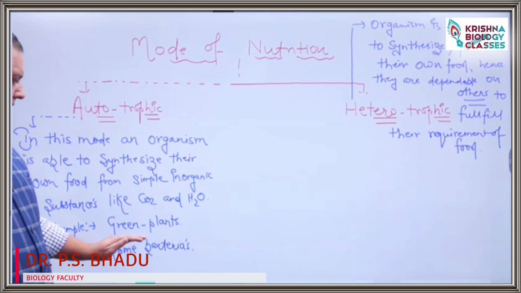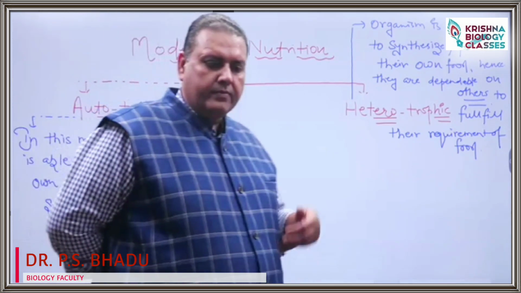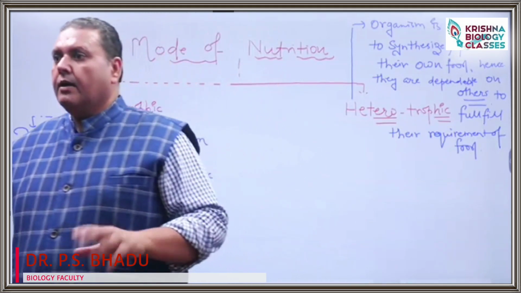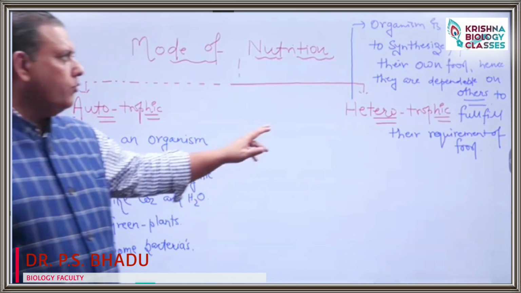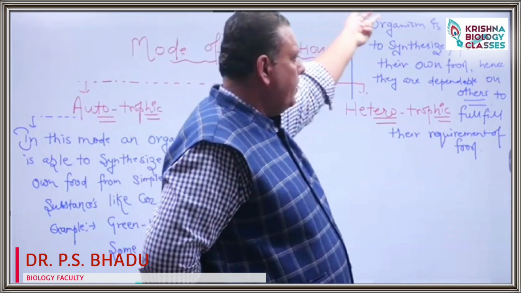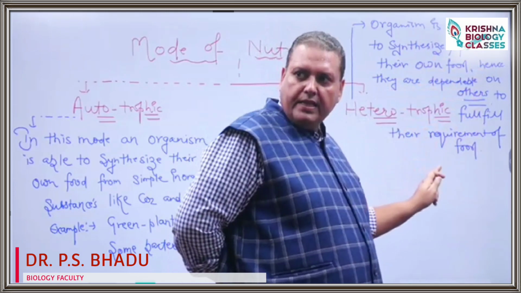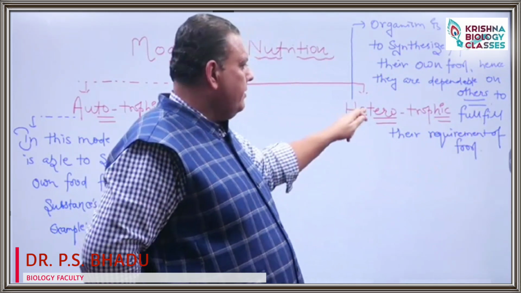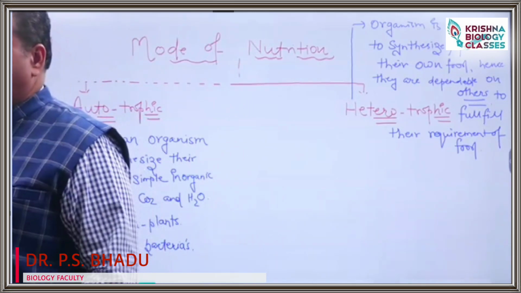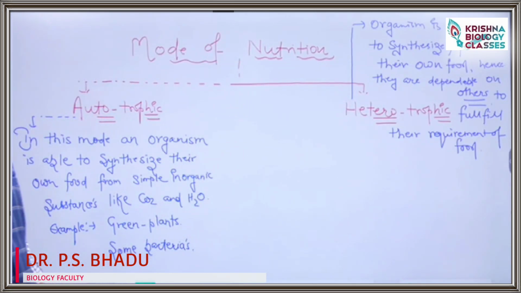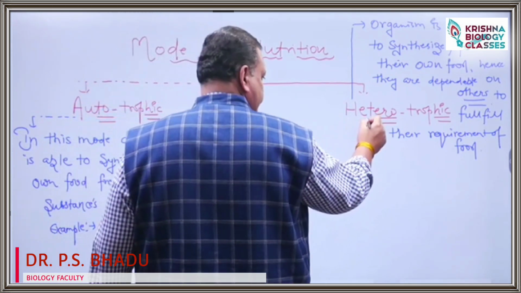Example, green plants, some bacteria, whereas animals, most of the bacteria, fungi, they are not able to synthesize their food. So they are dependent on others to fulfill the requirement of food. They will be considered as heterotrophic, or the organism showing heterotrophic nutrition.